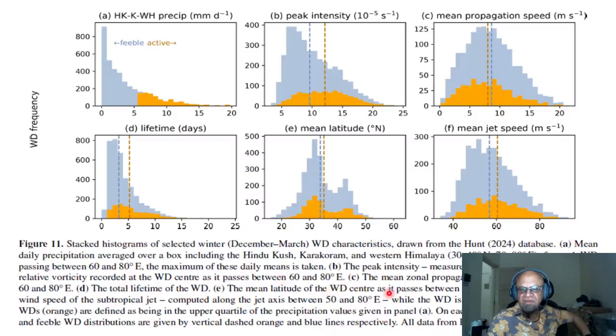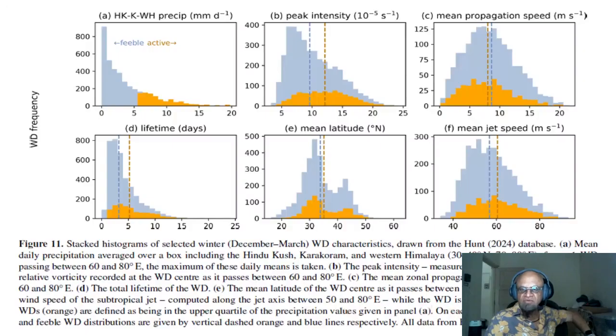I keep losing my location in the caption. D, total lifetime of the WDs, and E, the mean latitude of the WD center as it passes between 60 and 80 degrees east. F, the mean zonal wind speed of the subtropical jet computed along the jet axis between 50 and 80 degrees east. So it's slightly shifted from the WD box.